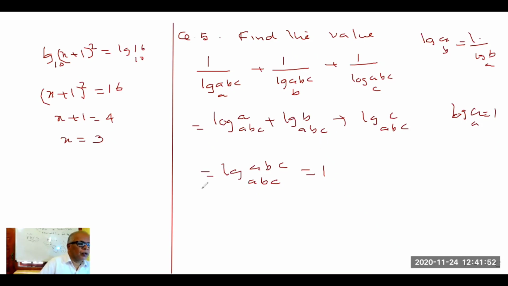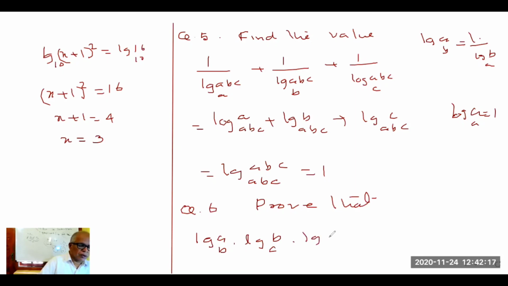Next question, sixth question. Prove that log a to the base b into log b to the base c into log c to the base d is equal to log a to the base d.